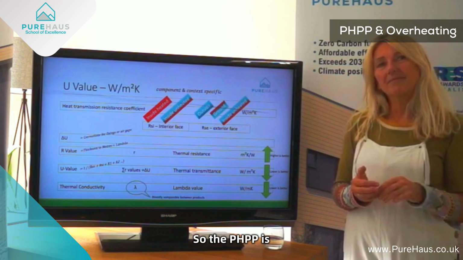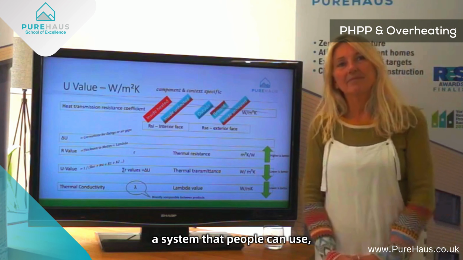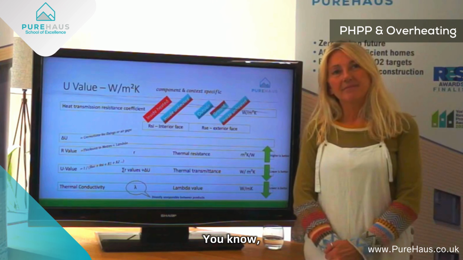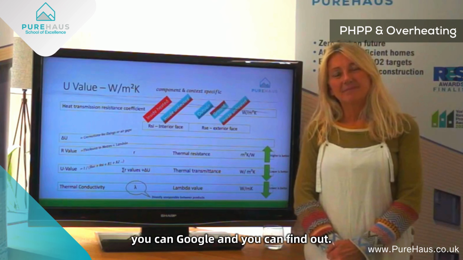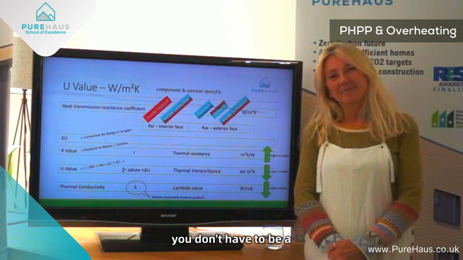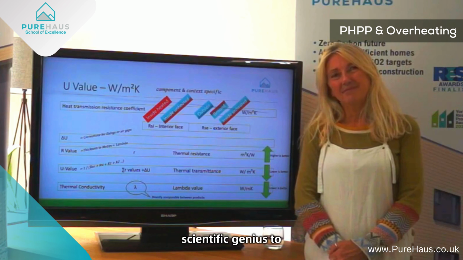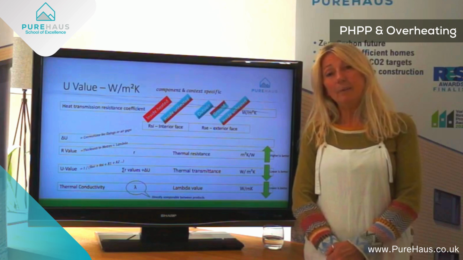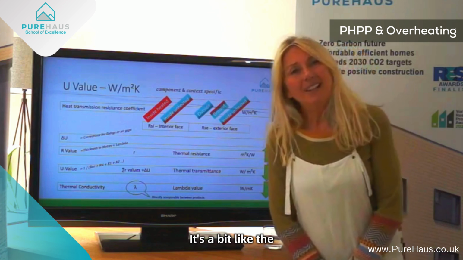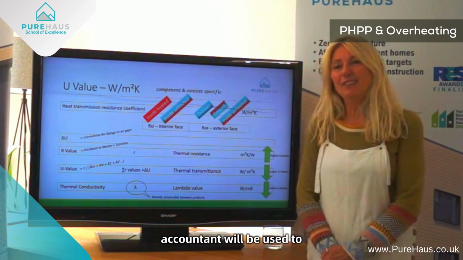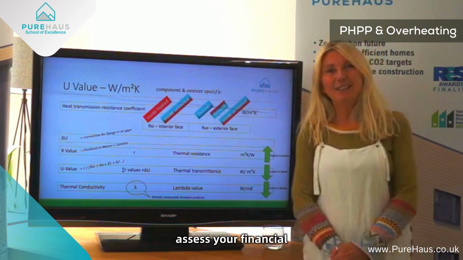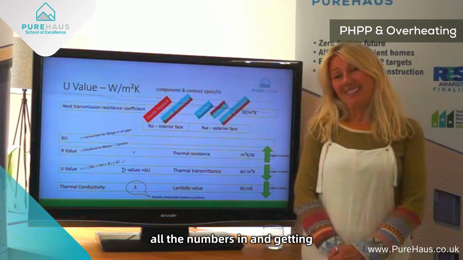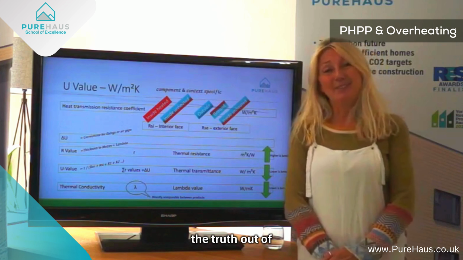The PHPP is a system that people can use, and you can Google the shorthand abbreviations and find out. You don't have to be a scientific genius to use this. It's a bit like the spreadsheet an accountant would use to assess your financial situation. It's basically putting all the numbers in and getting the truth out of where we're really at.